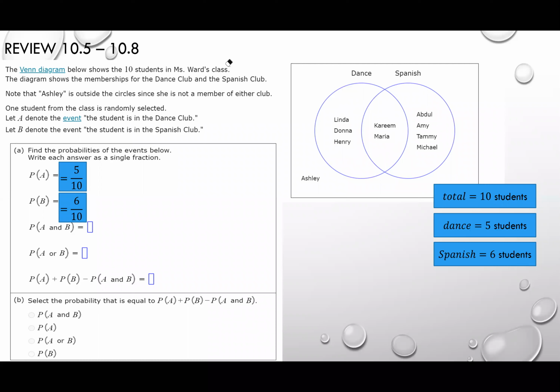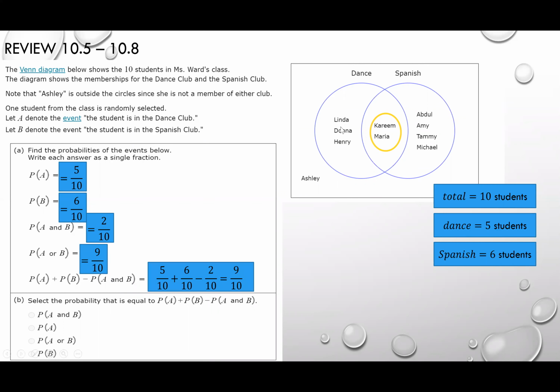And what is the probability of A and B? If you remember, A and B is the overlap. In the A and B, I have 2 students over 10. Now, what about probability of A or B? If you remember, A or B is probability of A plus probability of B minus probability of A and B. Because they do have something in common, we need to take this item here.